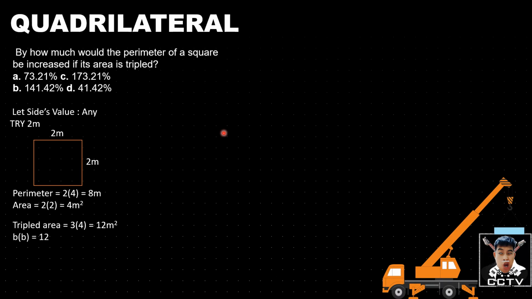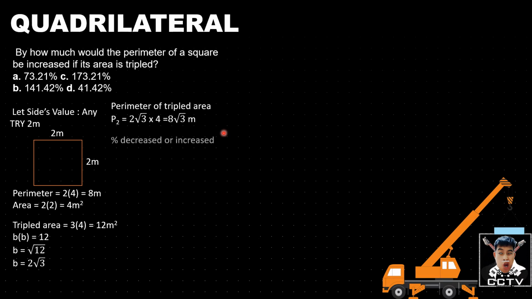And then, get the sides. Kukuha mo yung sides mo is 2 square root of 3. Kaya, ito yung perimeter of tripled area. 8 square root of 3 naman yung perimeter niya. Ito naman yung percentage ng decrease or increase.